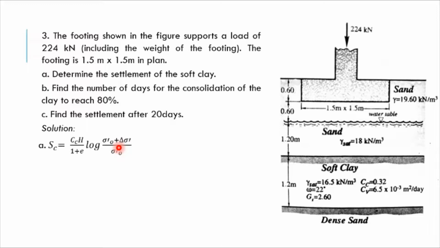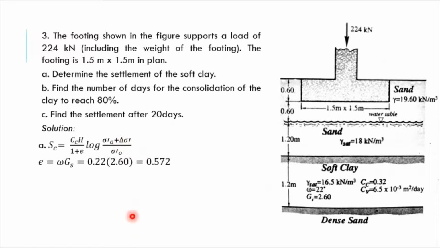There's no given pre-consolidation pressure. CC is given, H is 1.2 meters, but e is not given. The overburden pressure at the mid-height of the clay layer is not given, so we have to solve it. And the change in stress, we still have to know the value.